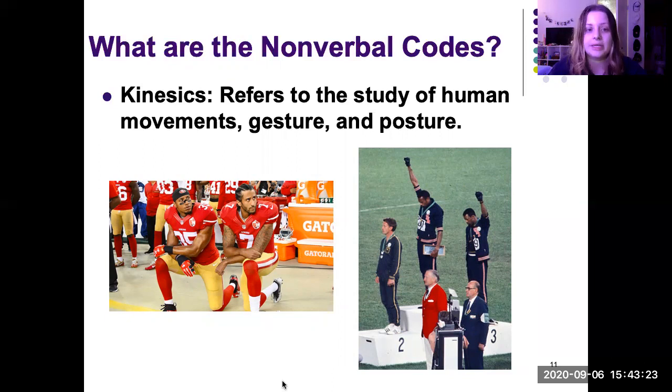You can see how they're kneeling, so they're protesting the NFL and its injustices towards Black and brown bodies. Same thing here, they're holding up their fists in a Black Lives Matter esque moment. Even though they're not saying that, we as a culture, going back to how it's culture bound, would be able to come to that conclusion because of their body language.